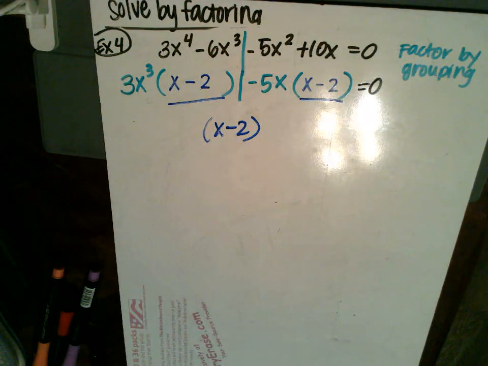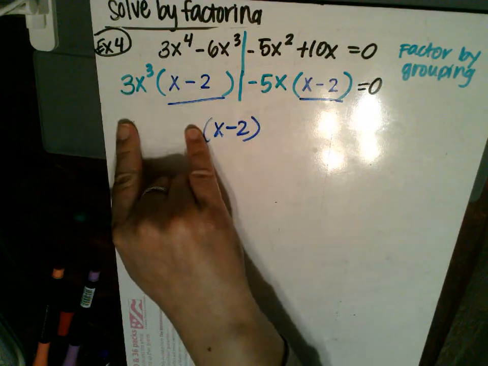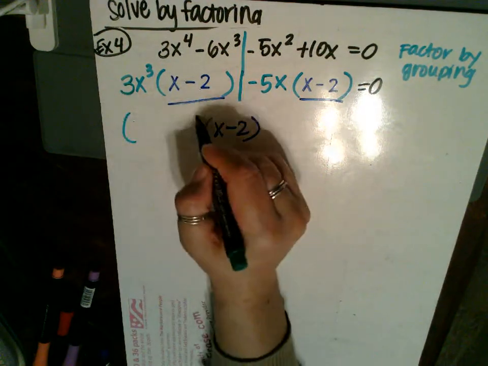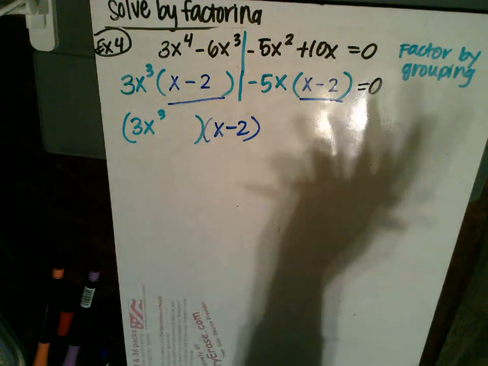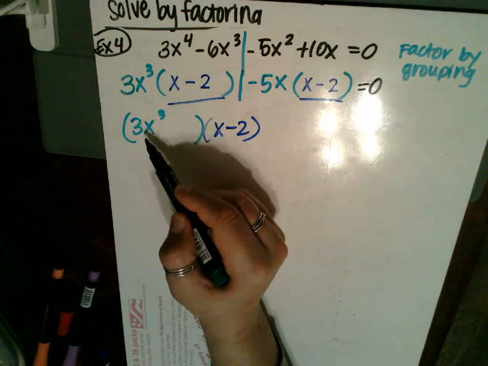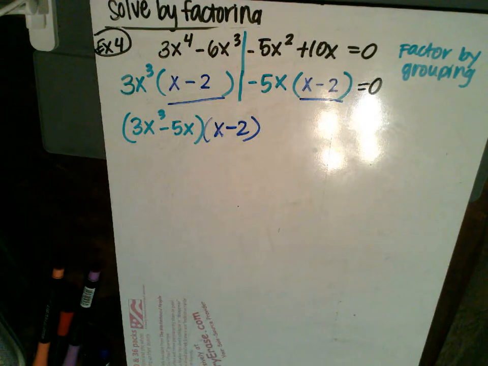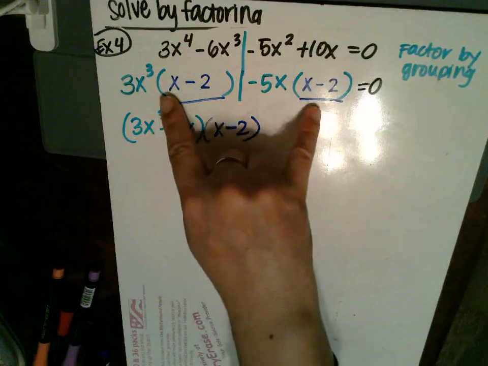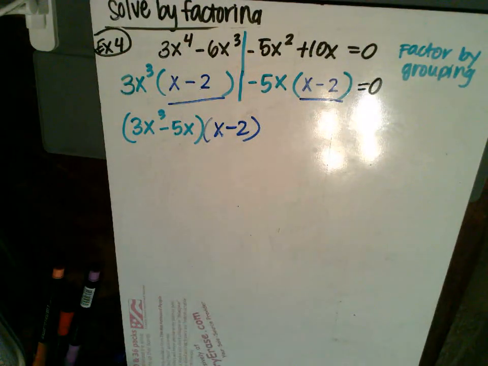And what happens with the other 2 greatest common factors is they go into their own factor together. So I'm going to drop them in. It could be on the left or on the right, it doesn't matter. 3x to the 3rd minus 5x. So it's like we're factoring out the greatest common factor right here, which is why we have x minus 2.